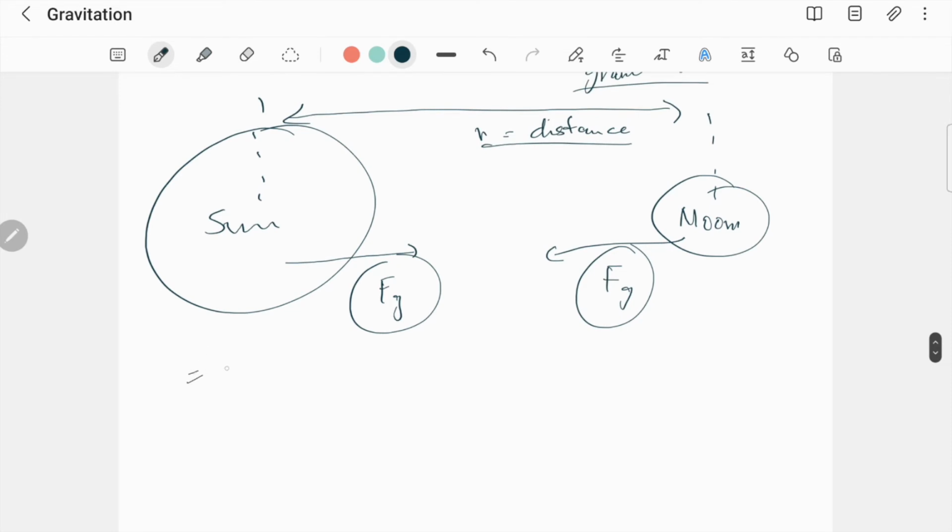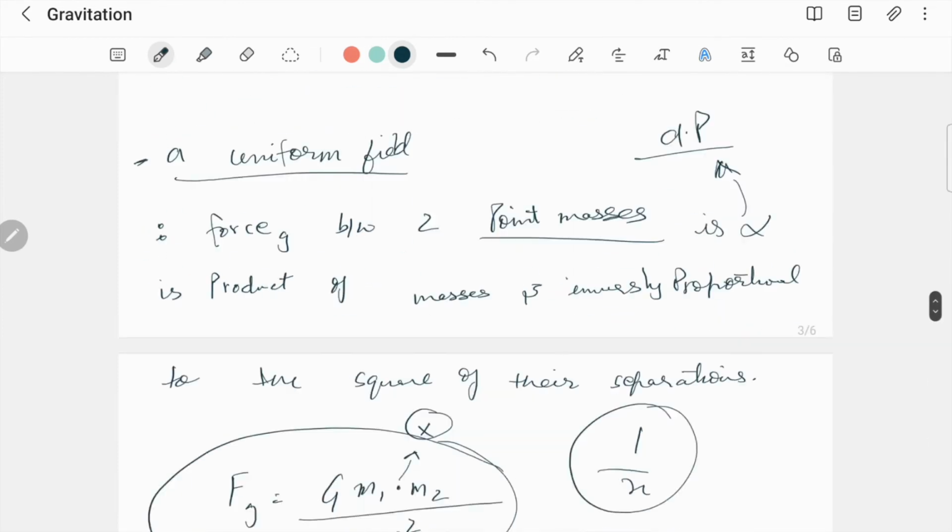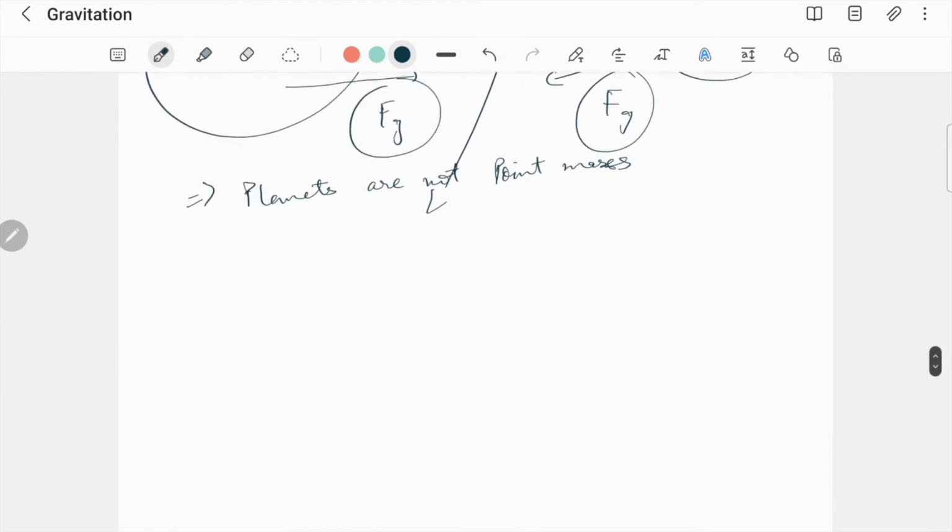Now, although planets are not point masses, we like to use this term. Why? Because when we go to the solar system, the distance that exists between these bodies is so large that, as we discussed earlier, we just neglect the dimensions.